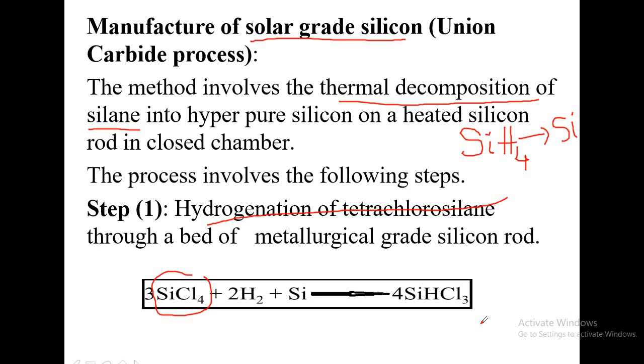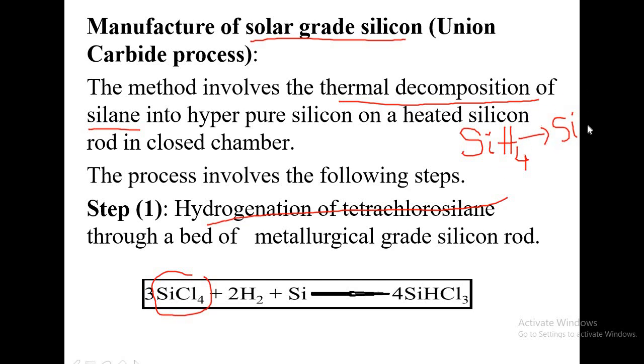So just summarizing, as it is very important: first, our basic aim here is to convert silane, which is nothing but SiH4, into pure silicon. For this process to take place, we should have a closed chamber, and the silane is subjected to thermal decomposition, heated to a very high temperature of the order of 1100 degrees Celsius, which is called the pyrolysis process.